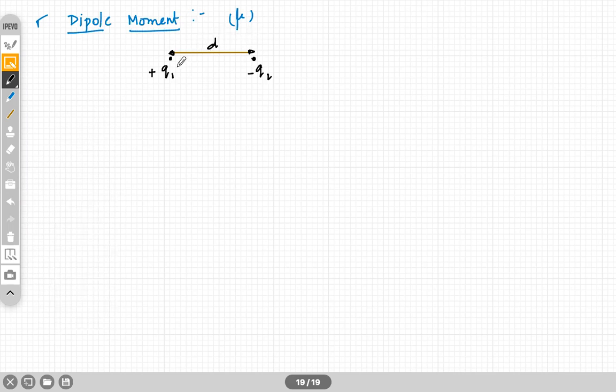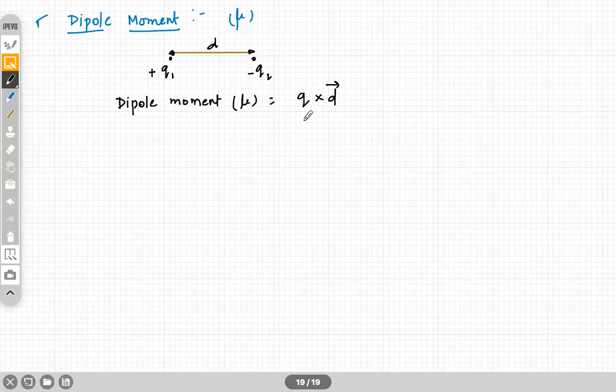So the dipole moment mu is equal to q cross d, where q is the charge, and this dipole moment is a vector quantity.